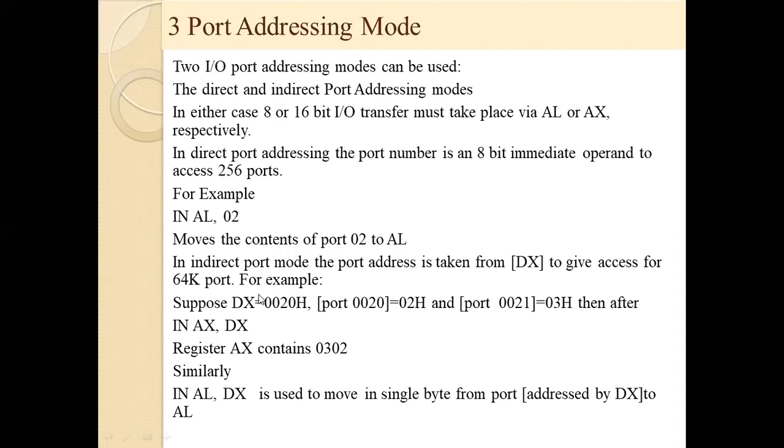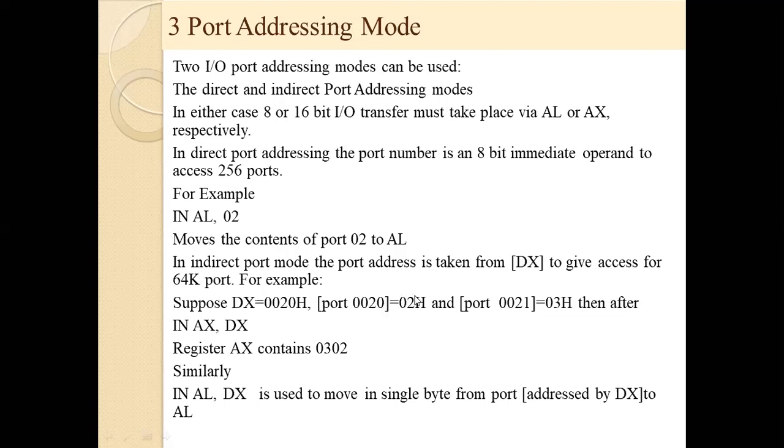If the data on this port is 02, remember here 0020 is the address, and the data on the port is 02 in hexadecimal, and the data on port 0021 is 03. Then after executing this instruction, first the microprocessor will take data from port number 0020, that would be 02.